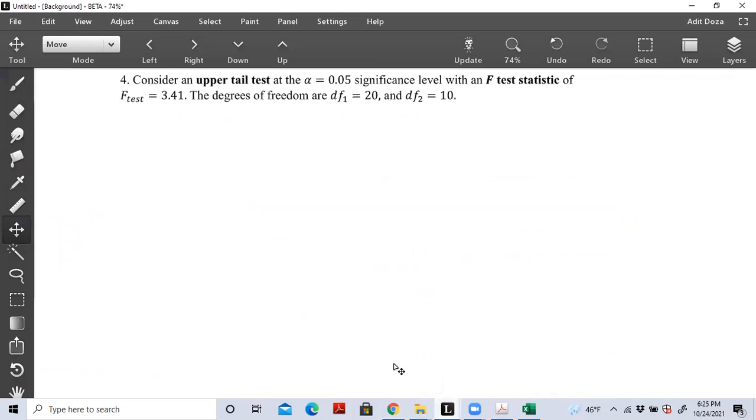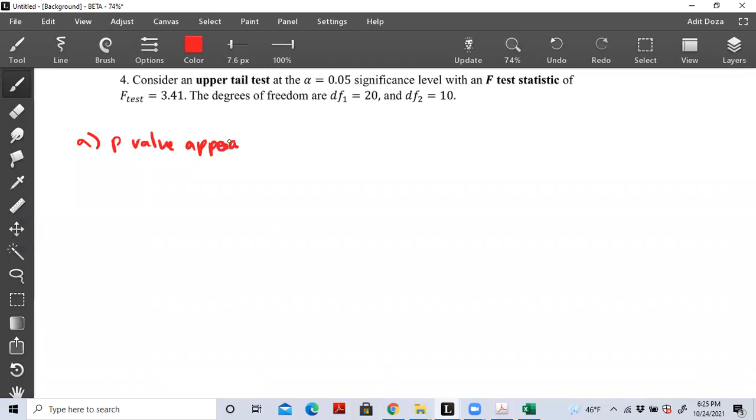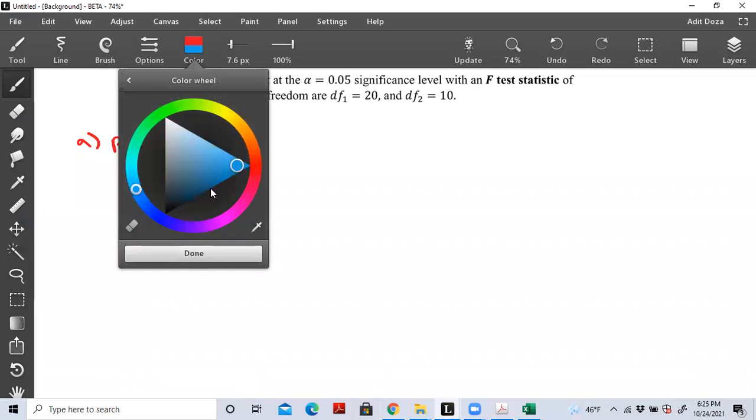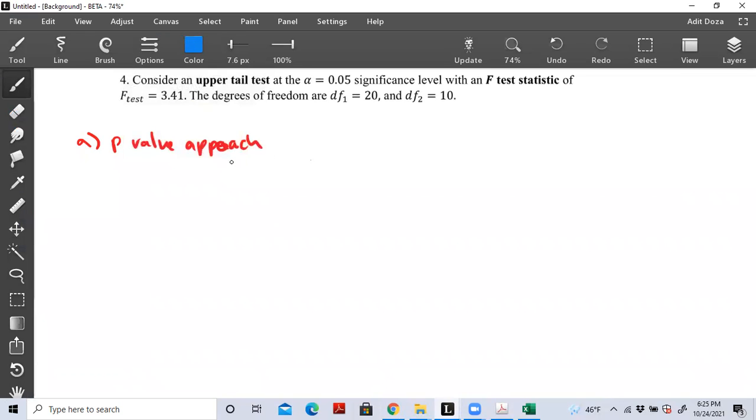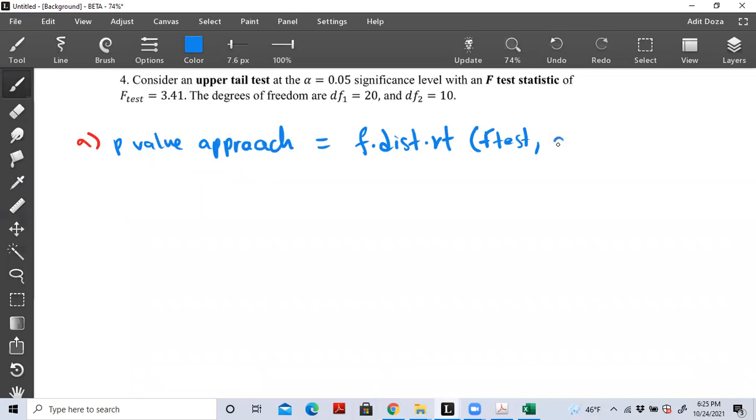Okay. So for solving this, I can use the p-value approach. I have given you F.DIST.RT, then the F-test value, degree of freedom 1, degree of freedom 2.